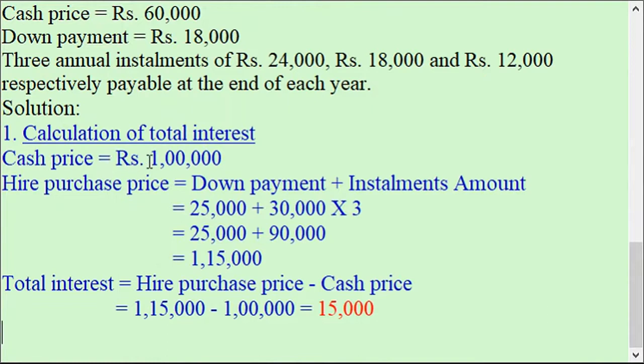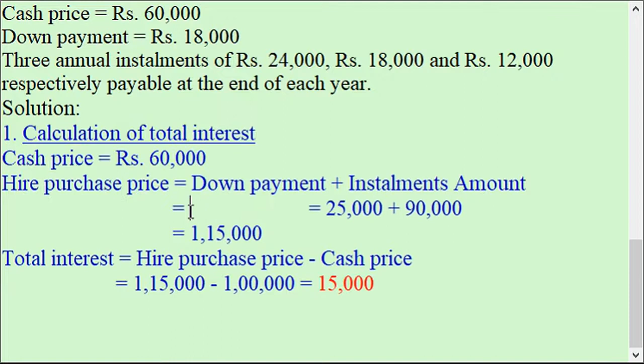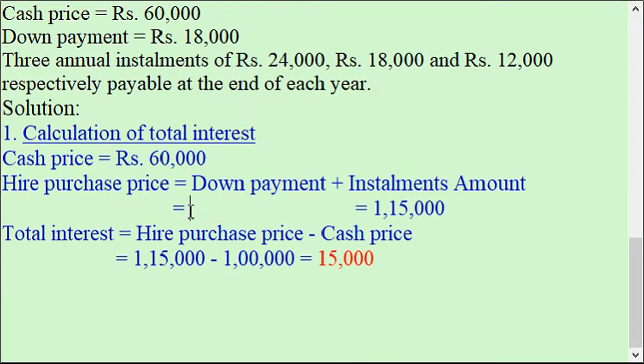Calculation of total interest. Cash price of the asset is rupees 60,000 and hire purchase price equals down payment plus installment amount. You are making a down payment of 18,000 plus the total installment amount is 24,000 plus 18,000 plus 12,000.